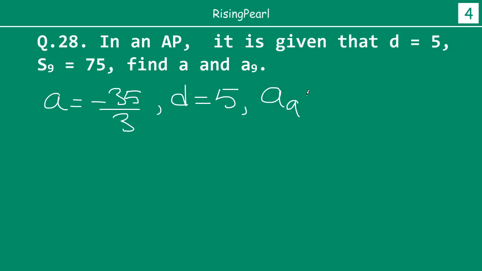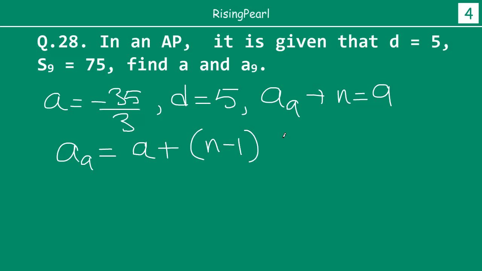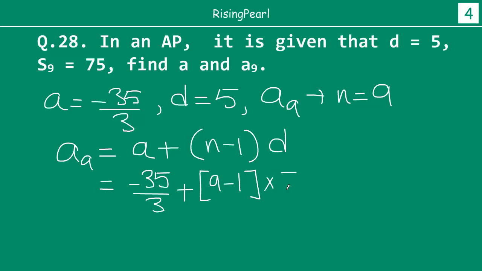A9 means ninth term, so n should be 9. So A9 will be equal to A plus n minus 1 times D. If you just put the values, A is minus 35 by 3, plus n is 9 minus 1 times D is 5.